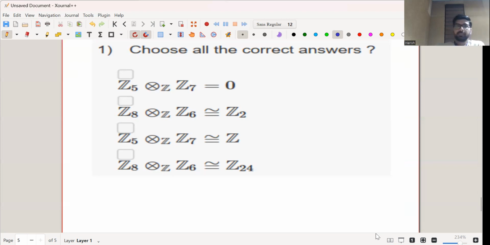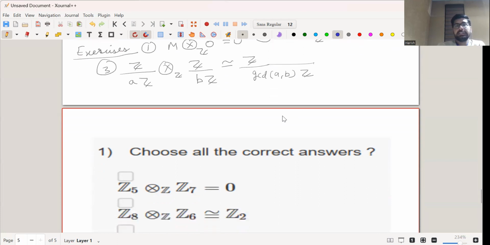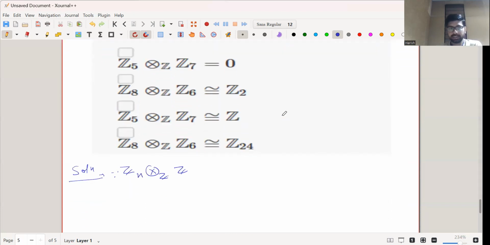As I said already, we have discussed in the lectures that Z modulo AZ tensor with Z modulo BZ, that is ZA tensor ZB, is isomorphic to Z of GCD(A, B).